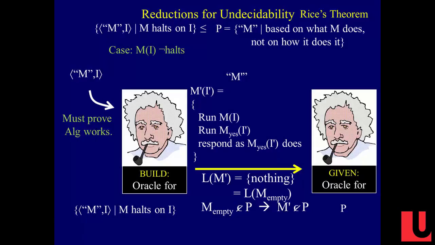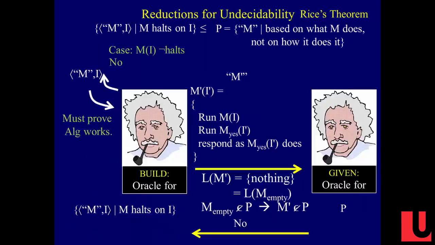Since M_empty is a no to P, M prime is a no to P. So what does our oracle say? Our oracle says no, and hence we say no, and we're very happy. Everybody get that? That's it for Rice's theorem.